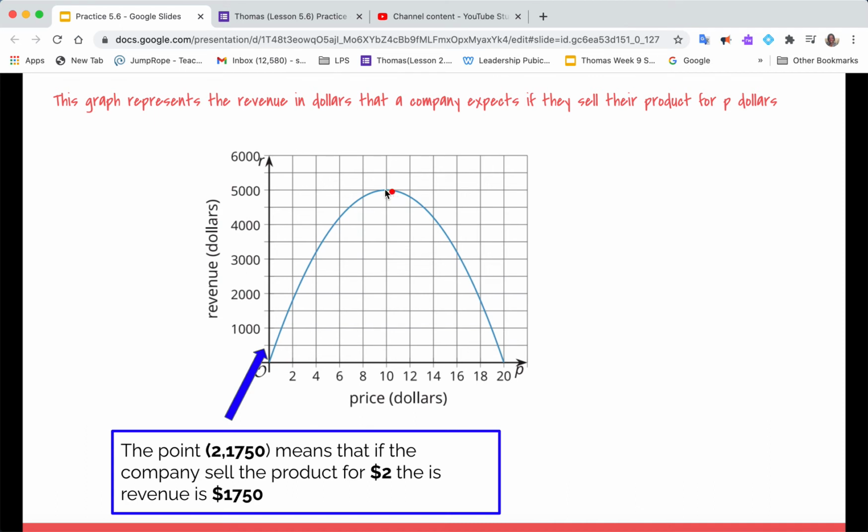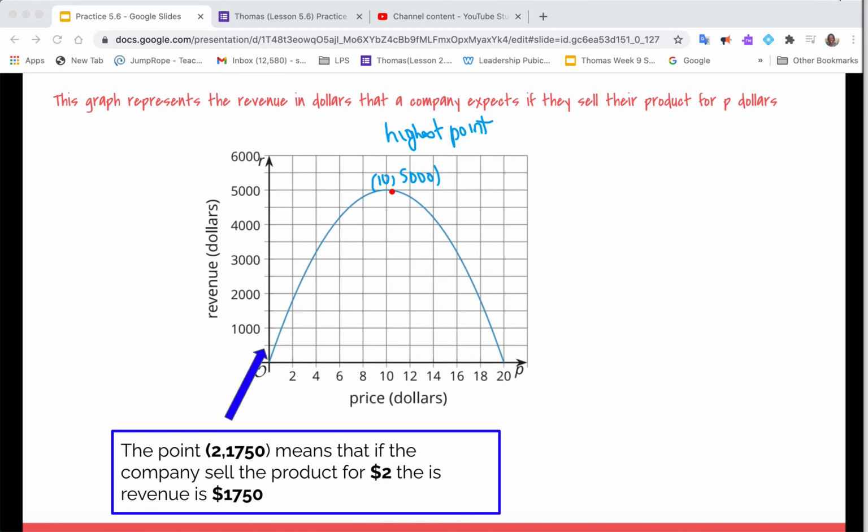And so we can clearly see that that is occurring at the point (10, 5,000). So we can see that's the highest point.